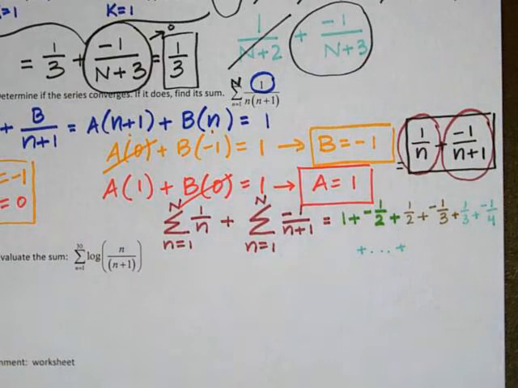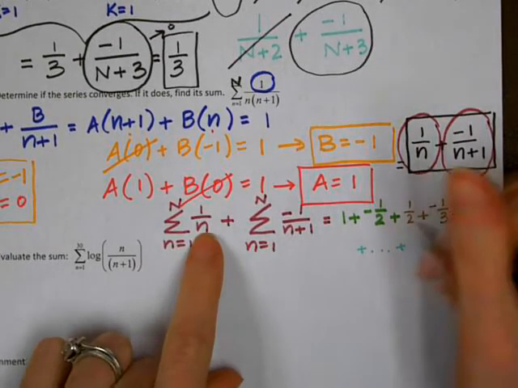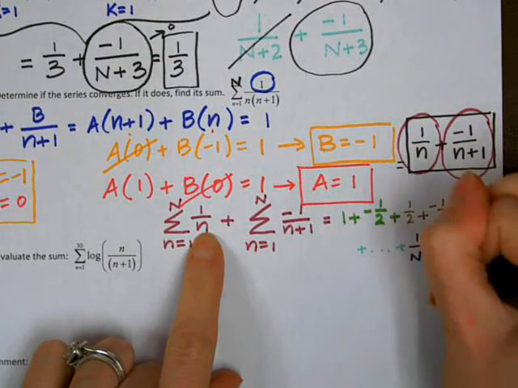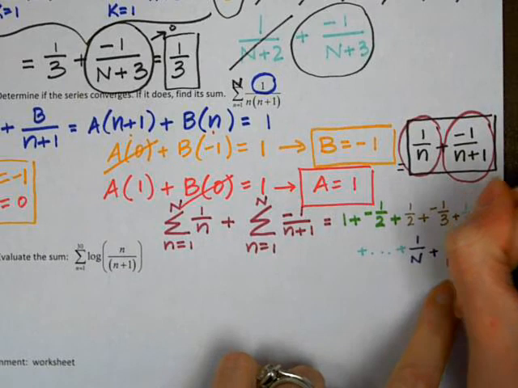Now let's plug in capital N. When you plug in capital N, this is going to be 1 over n, and this is going to be negative 1 over n plus 1.